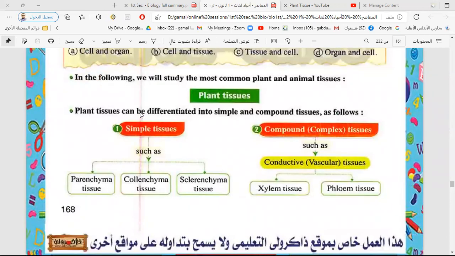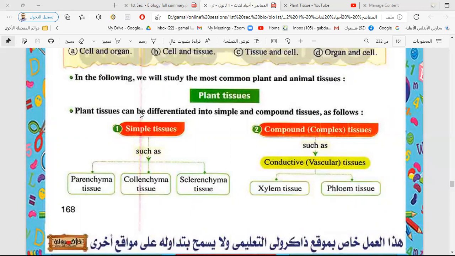Now, we can move to the plant tissues. We discuss first the plant tissues, and after that, inshallah, next session, we'll discuss the animal tissues, okay? The plant tissues can be divided into two types: simple tissues and compound or complex tissues.